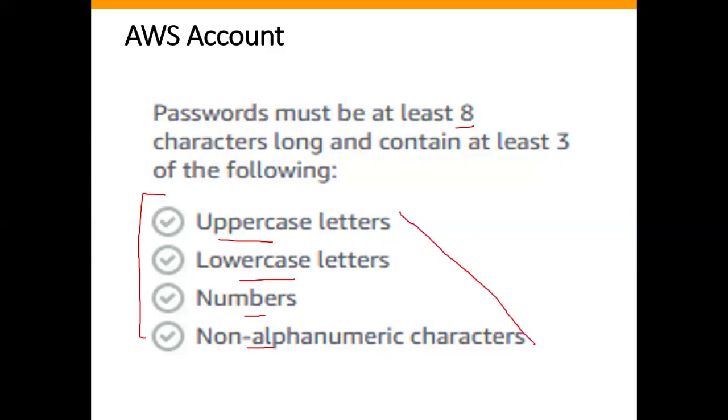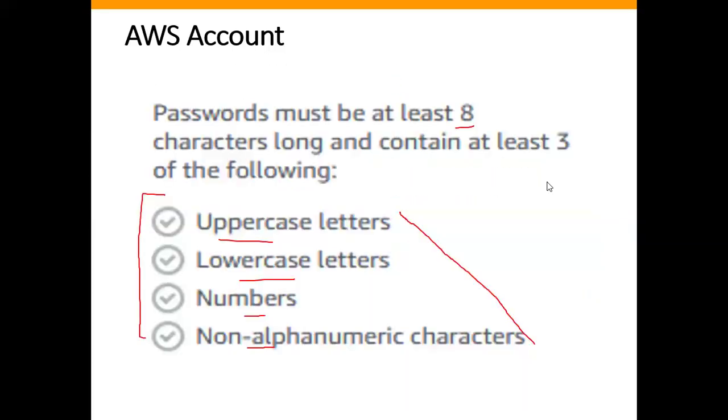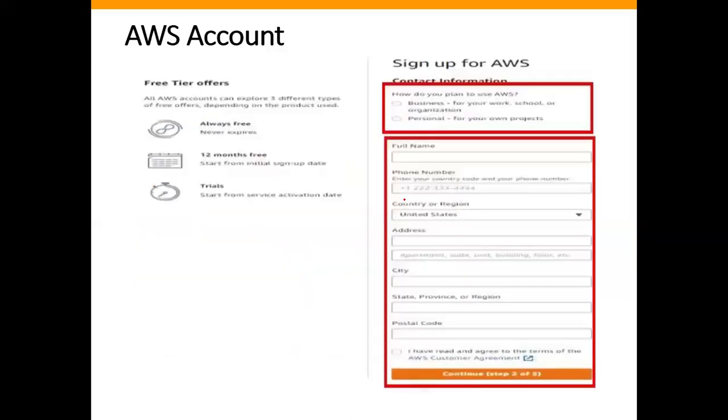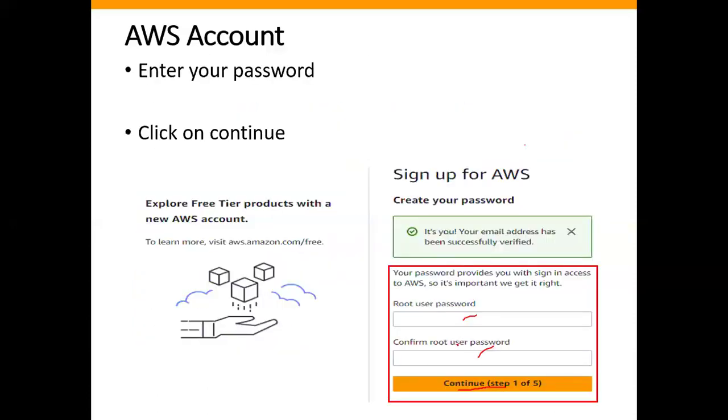Out of these four, any three need to be used in your password. It's not mandatory to use uppercase, for example. So any three of these four you can use to create your AWS account. Once you enter the password, you need to click on continue.